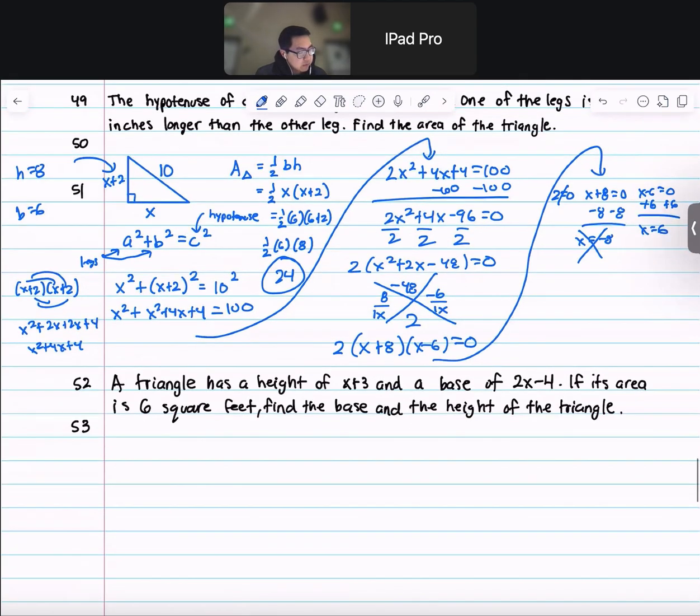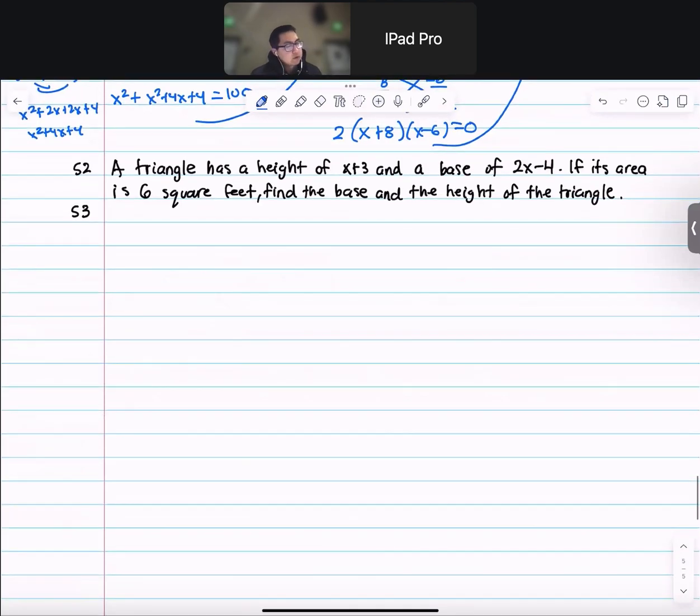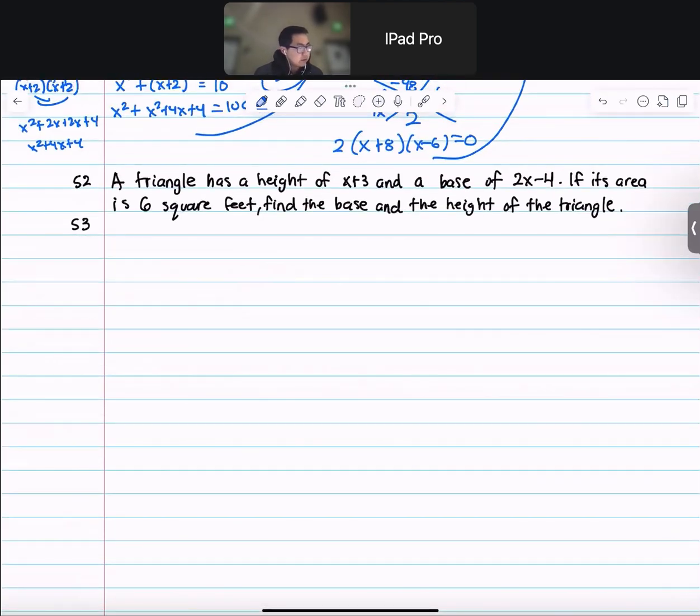Okay, last problem. A triangle has a height of x plus 3 and a base of 2x minus 4. If its area is 6 square feet, find the base and height of the triangle. Here is a triangle. We know the height is x plus 3, and we know its base is 2x minus 4.